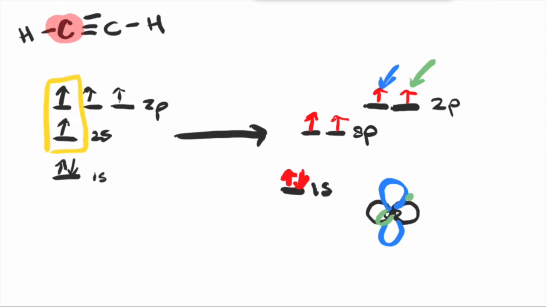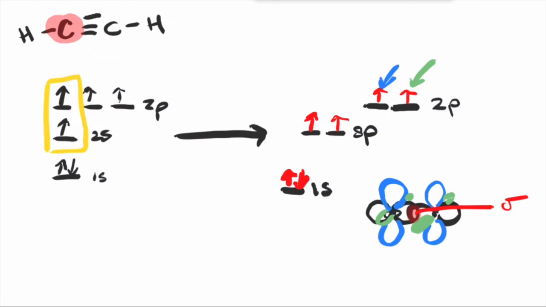Now let's draw it on the other carbon atom. We have sp orbitals, one of the p orbitals, and then the other p orbital. Again, what do we notice that's overlapping in this case? The first one, easy to see, is there is a head-to-head overlap of the 2 sp hybridized orbitals, giving us a sigma bond.